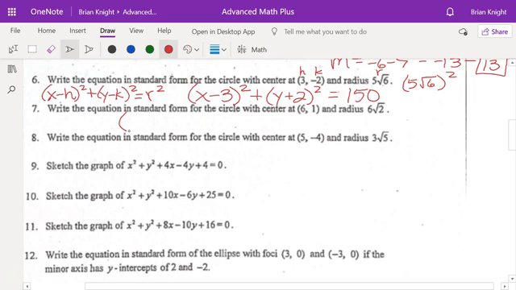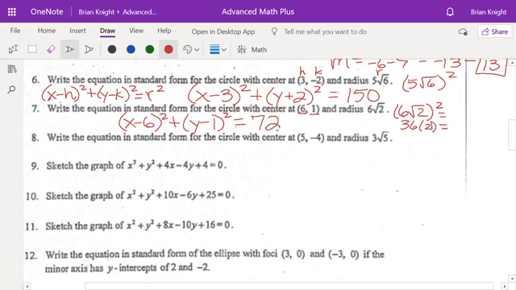So for 7, same process. We're going to have x minus 6 squared plus y minus 1 squared equals 6 square root of 2 squared. That's 36 times 2. What is 36 times 2? 72.